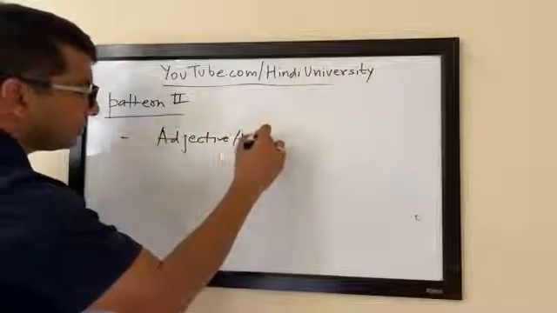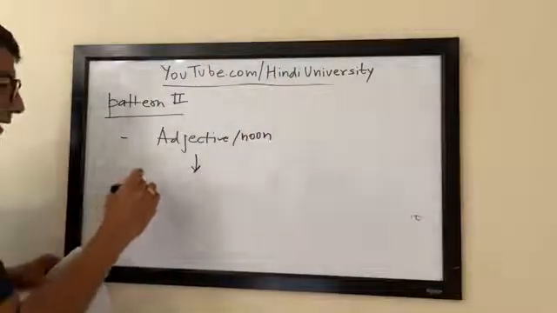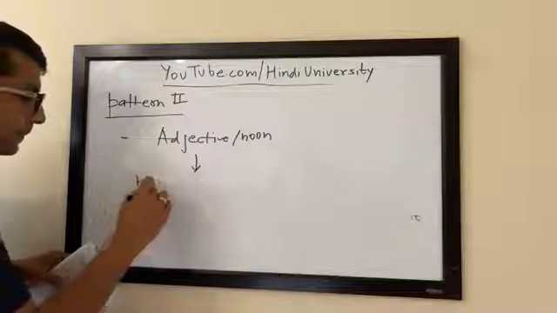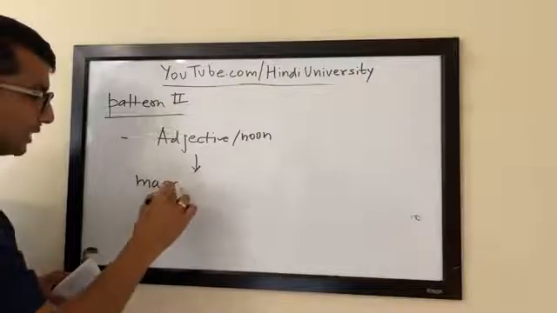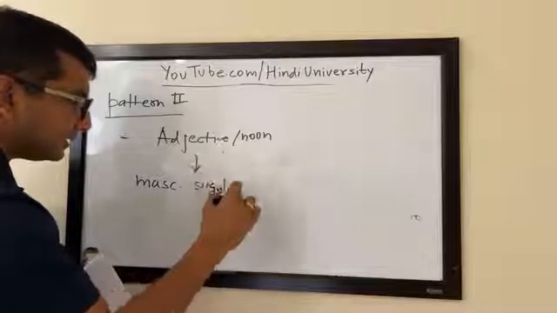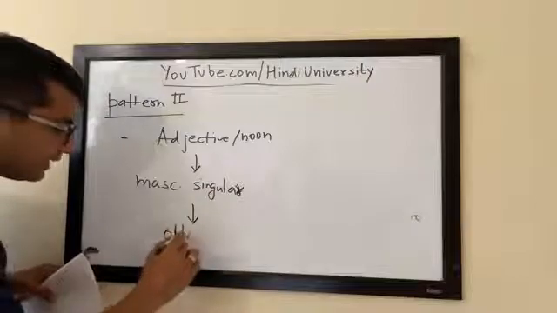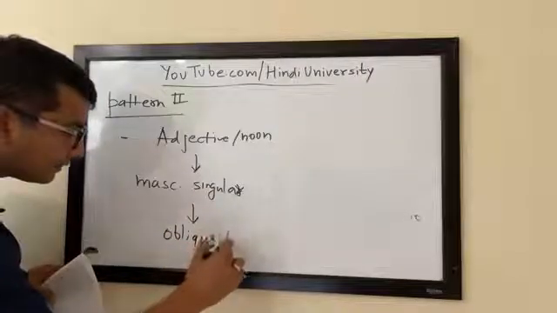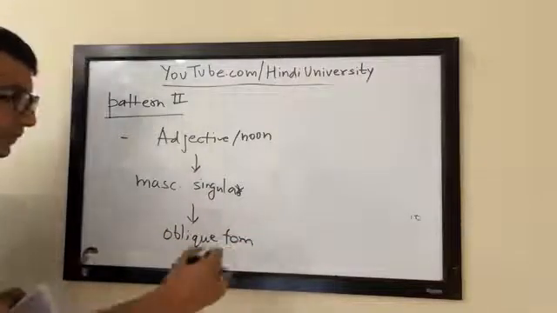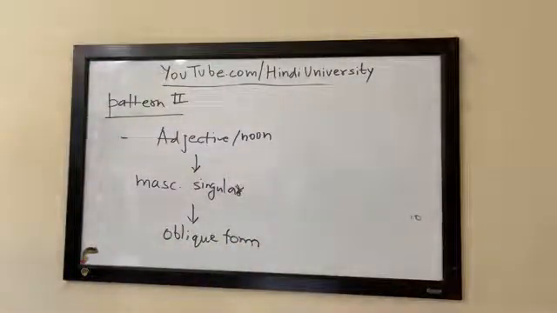You take the masculine singular form of that, either the adjective or noun, and you use the oblique form of it. Okay, I'm going to give some examples to make sense of it. And that's how you derive the adverbs.